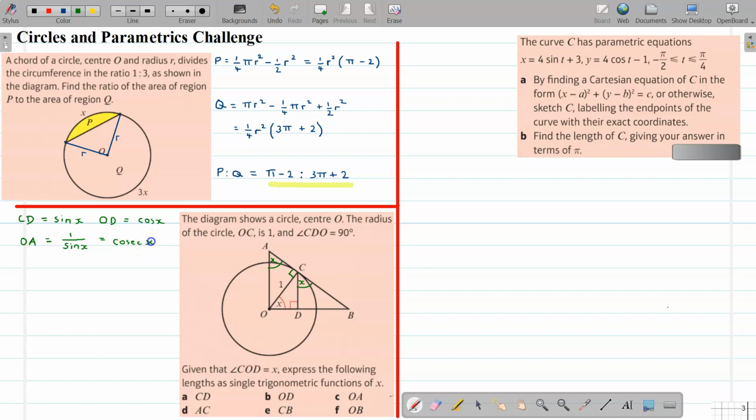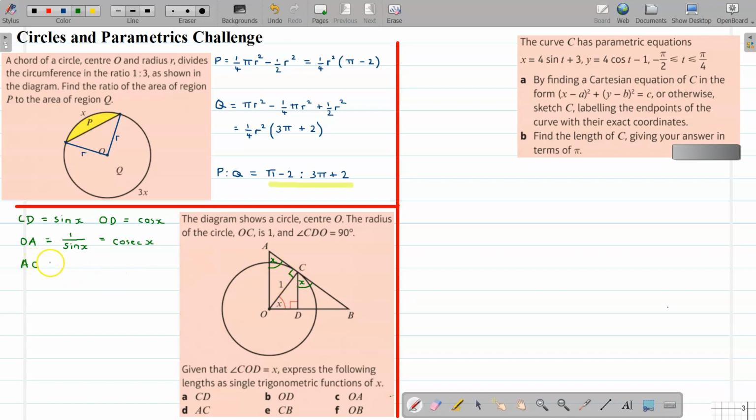Okay, so that's there. Now, the next one is AC. AC is the line that goes from here to here. Now that's adjacent to x with 1 opposite. So opposite over adjacent is 1 over AC, which is the tan of x.